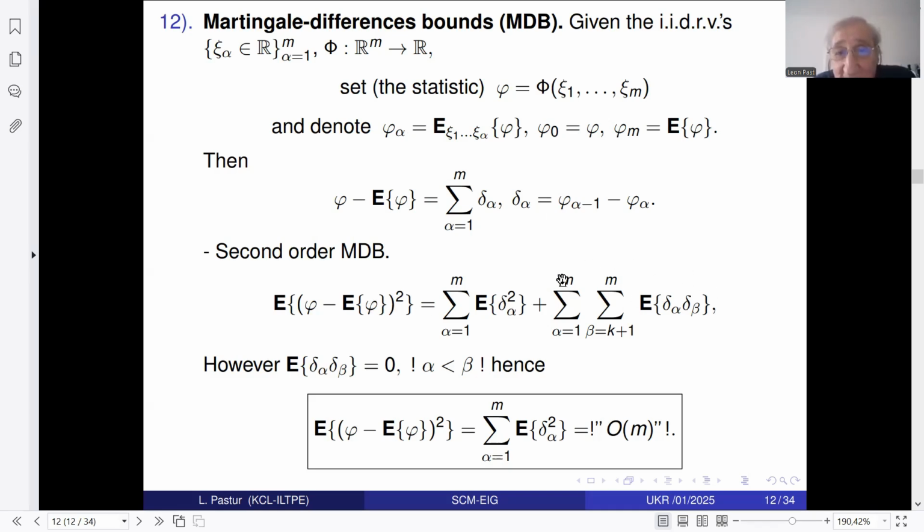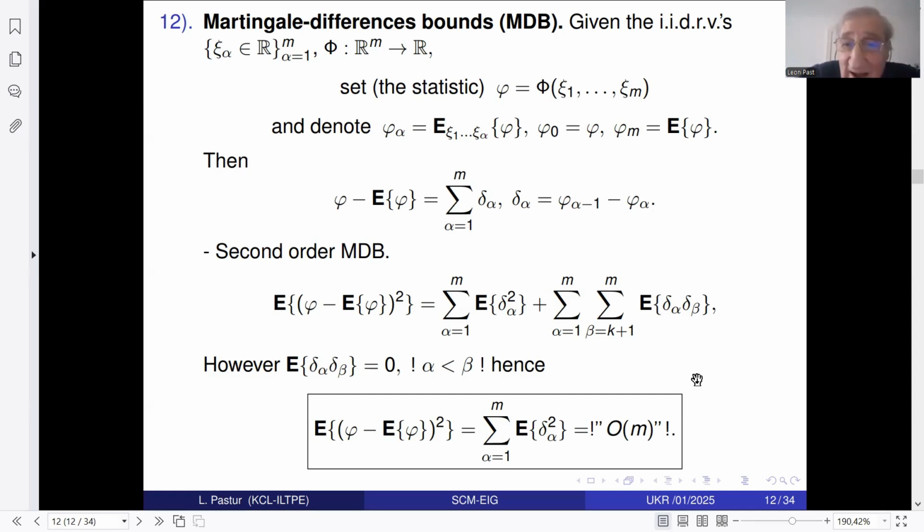And the miracle is that the second sum is 0, because if alpha is strictly less than beta, then you have one more expectation. For example, you have alpha minus 1 and beta equal alpha. Then because of subtraction, there is one expectation that makes it 0.